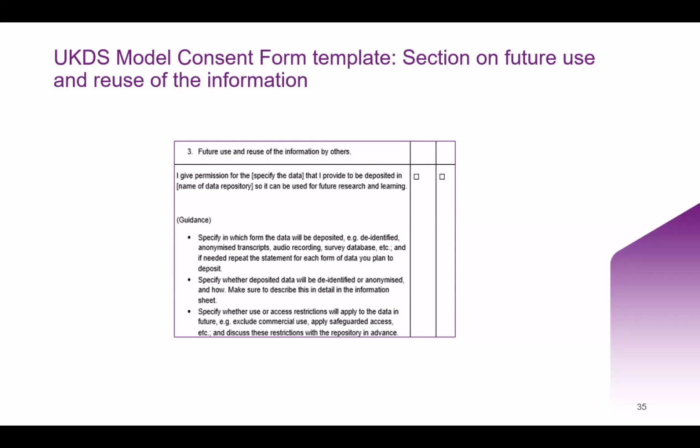And this is the final one, which is about informing the participants about future use and reuse of the information or data. So all the information about where the data will be deposited, in which form, whether it is anonymized or available under restrictions. So you have seen that this model consent form or template can be found on our website.